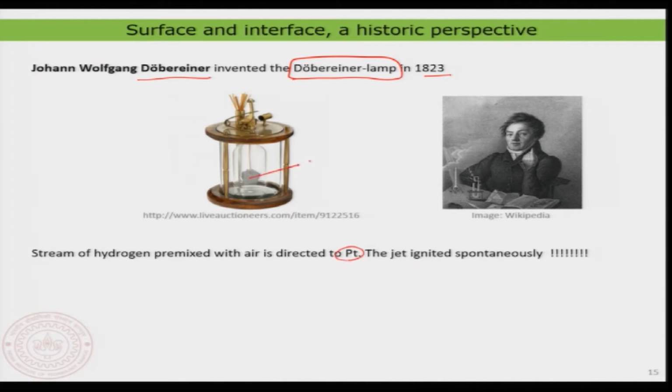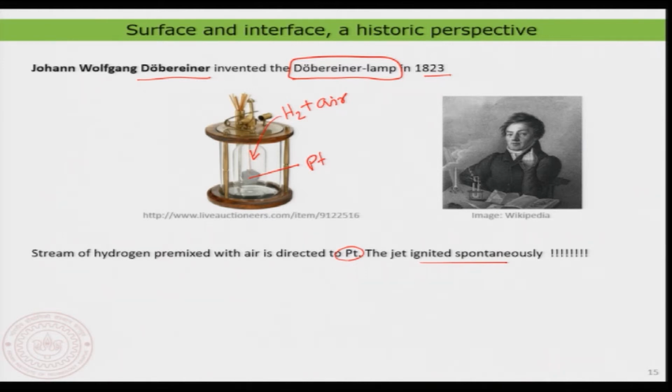You can see here it has platinum flakes, and if you now form a jet of hydrogen and air into this, the lamp ignites spontaneously. This is quite interesting, and this turned out to be a commercial lamp.